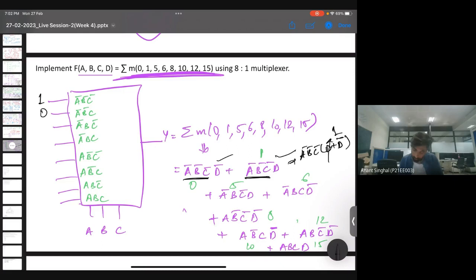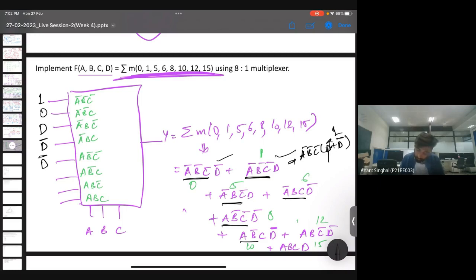Then a bar, b, c bar. So yeah, there is only one term. So we need to supply d here. Then a bar, b, c is here. So there is only one term, so we need to supply d bar here. Then a, b bar, c bar. We need to supply d here.